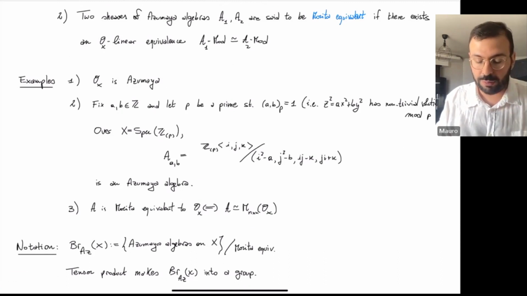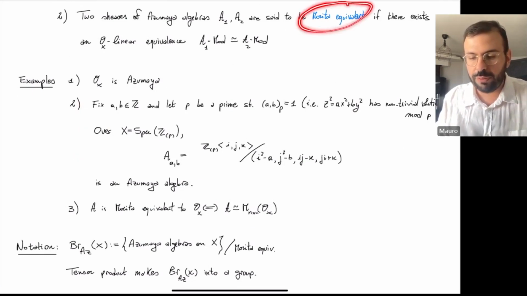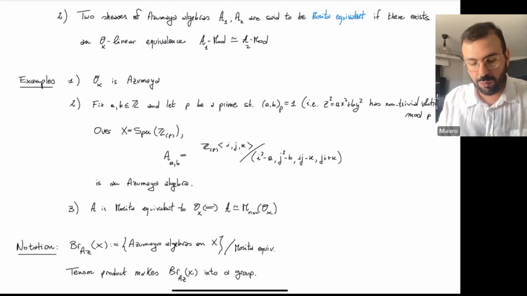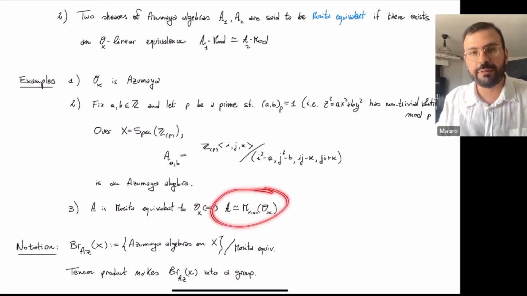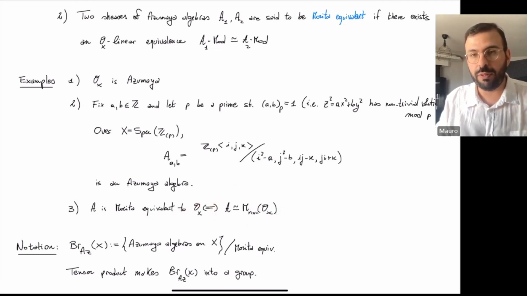It's not commutative. So these objects exist, and to get a feeling for what Morita equivalent means, you should think that A is trivial, Morita equivalent to O_X, if and only if it's isomorphic to a matrix algebra.